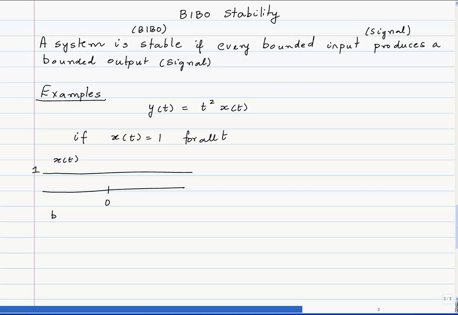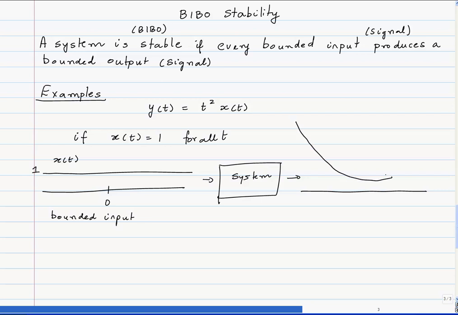This is clearly a bounded input. Suppose this goes into my system, what will be the output? From the relationship I have, my output is going to be t squared times x of t.